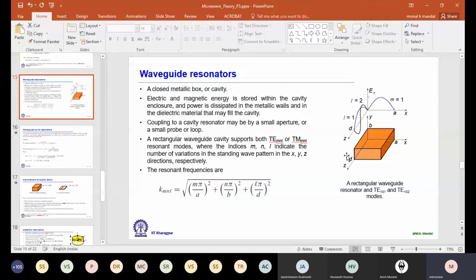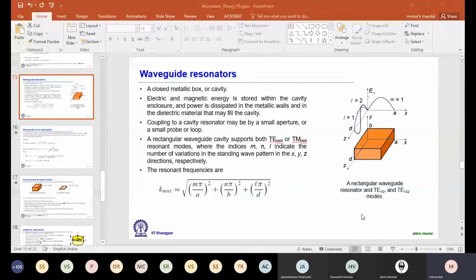So then we can find out the lowest order resonance by putting in the values for a given dimension. And in all the cases, the fundamental resonant mode is TE101.